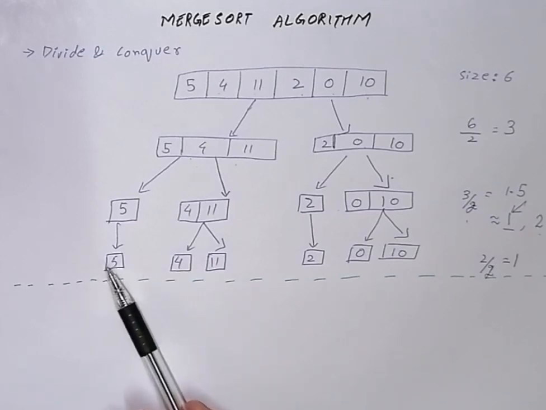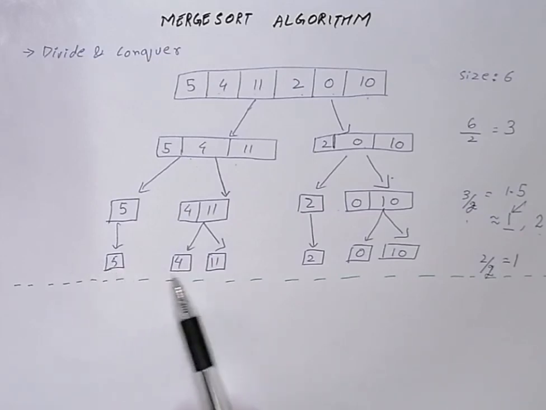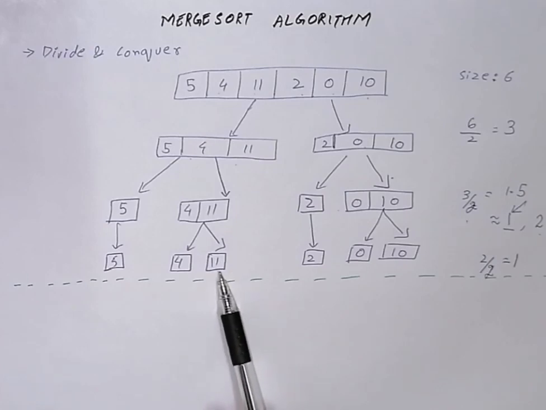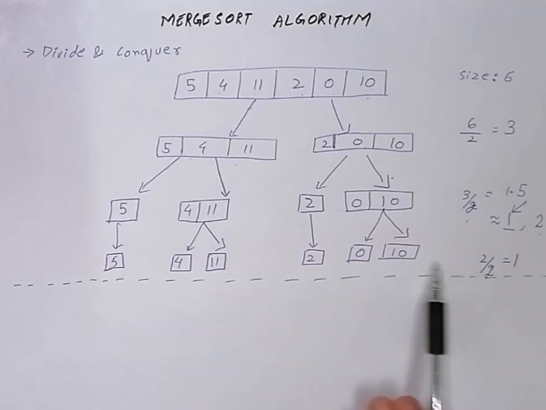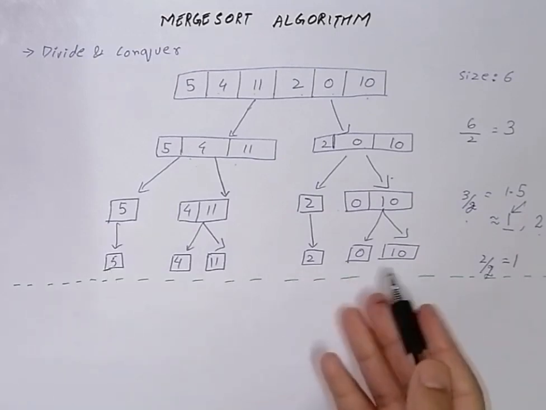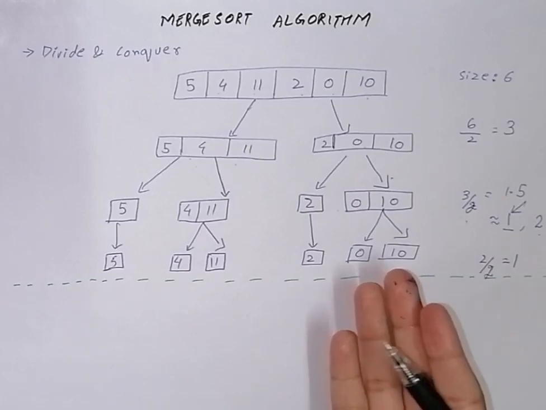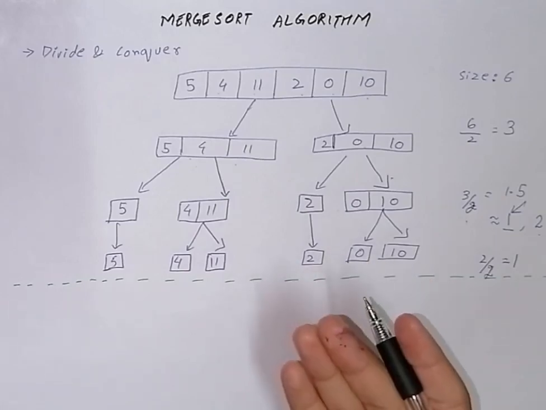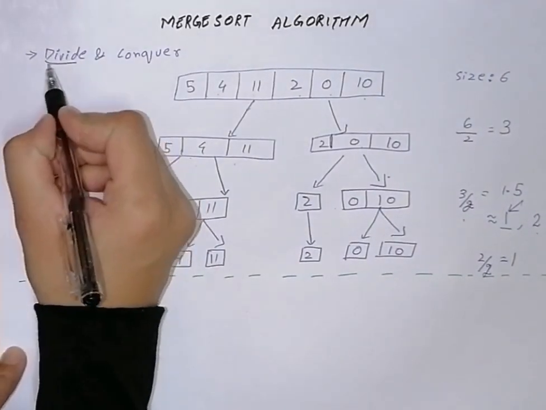It cannot be further simplified, split or divided. So here 4 is also one size, and the array having 11 is also one size. So all of these arrays at these indexes cannot be further divided. So this basically concludes the divide part.